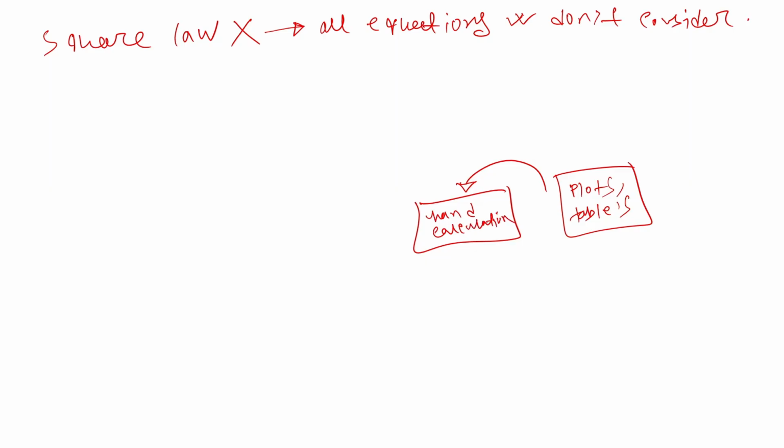We will extract some values, and depending on the values, we will have some equations that are not relevant to the square law. We just find the values and plug them into the equations. Those equations come from our circuit, how we design and organize it, what the circuit diagram is.